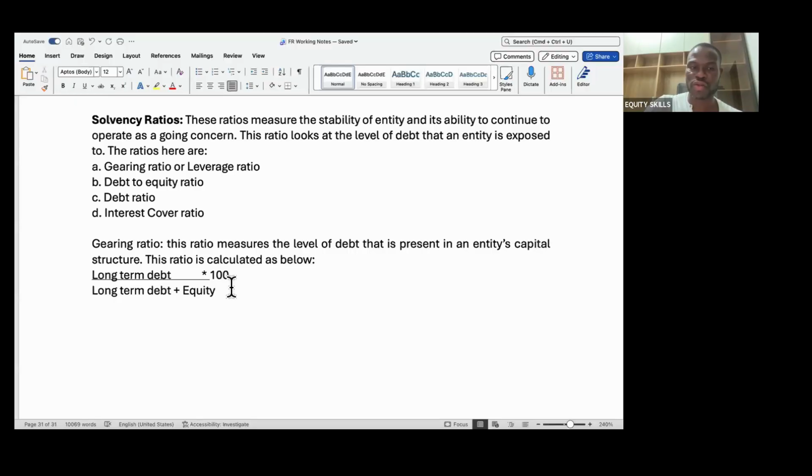So when debt is too high, interest becomes overbearing, and either you're unable to pay and you face liquidation, or you can pay, but your equity holders might suffer, except if it is a highly profitable company which has a lot of liquidity. Then that's fine.